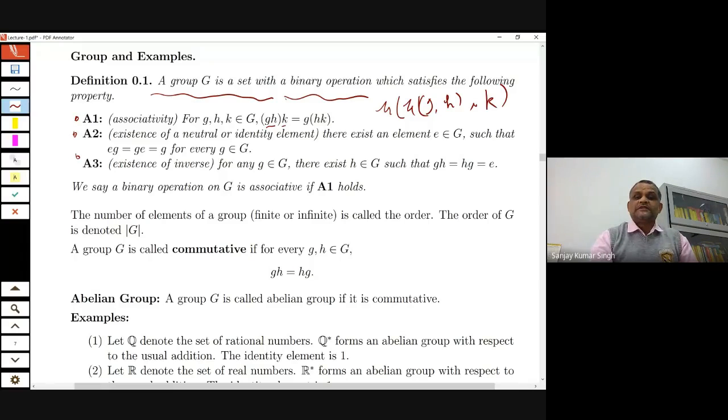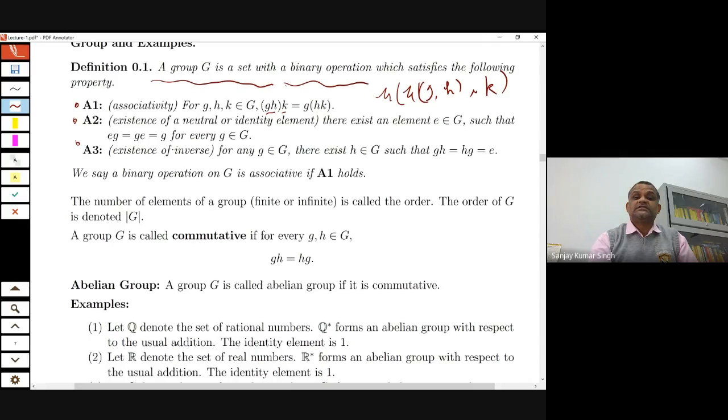So this operation is the same as first multiplying H and K and then multiplying G with that. Similarly, it asks for the existence of an identity element, which you can also call a neutral element. It means there exists a point E in G such that EG equals GE equals G for every G in capital G.